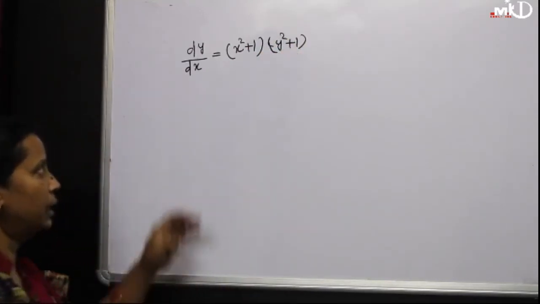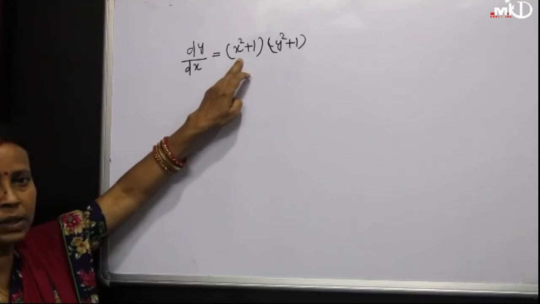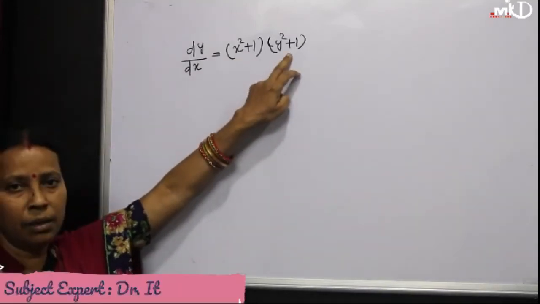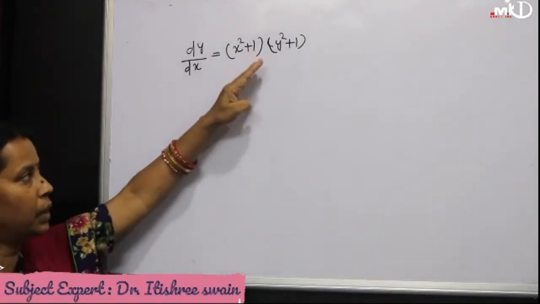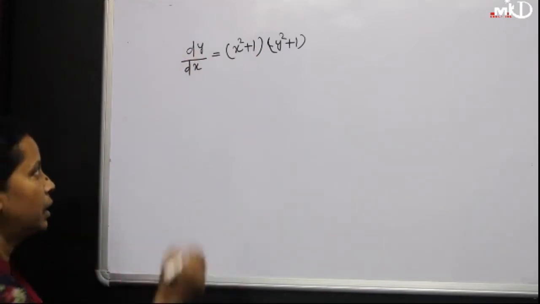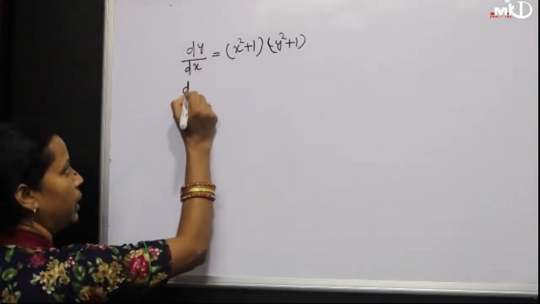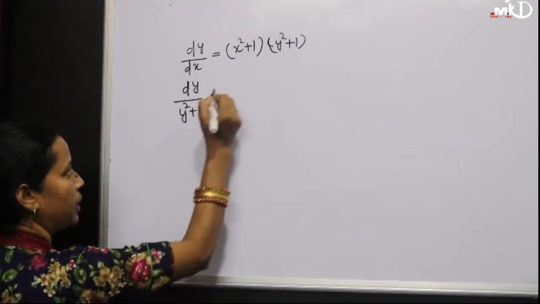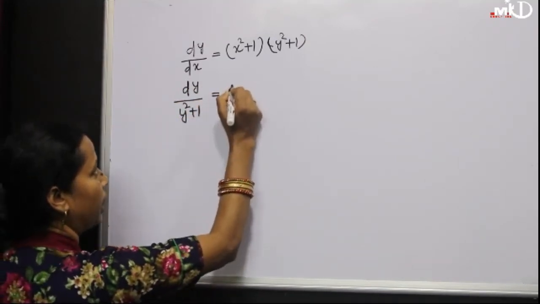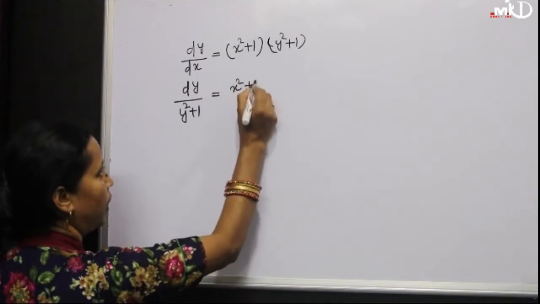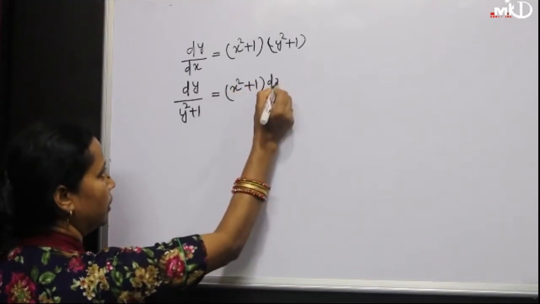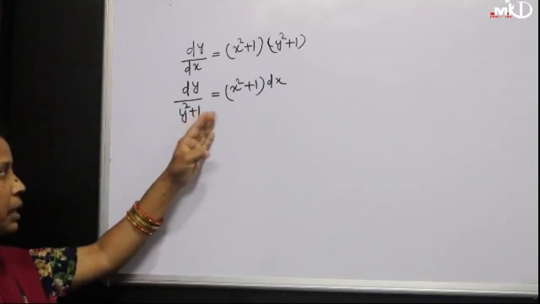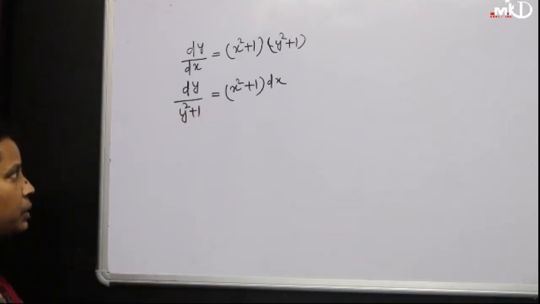You see here this is the function of x and this is the function of y. So whenever we separate the variables, then in one side we write dy by the function of y, that is y square plus 1, is equal to (x square plus 1) dx. So this is the separation of our variables.